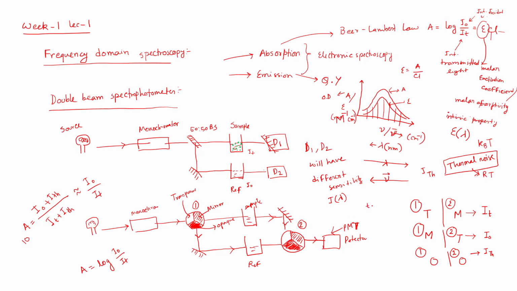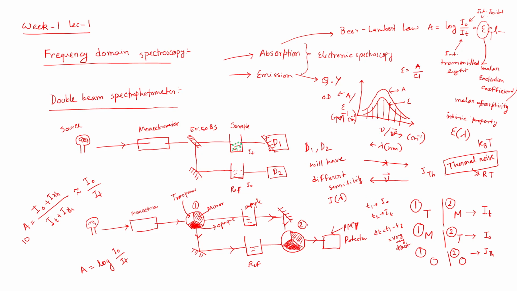So at time t1 we will detect, suppose, I0, at time t2 we will detect IT, and this delta t, that is t1 minus t2, is very small, as they are rotating very fast. And these are all synchronized.